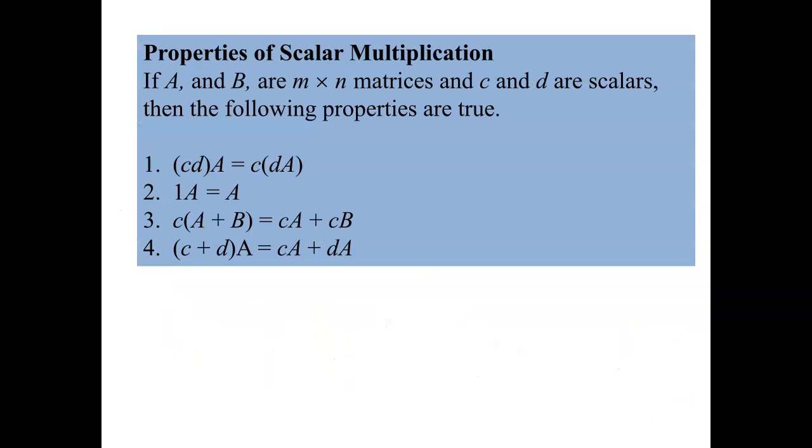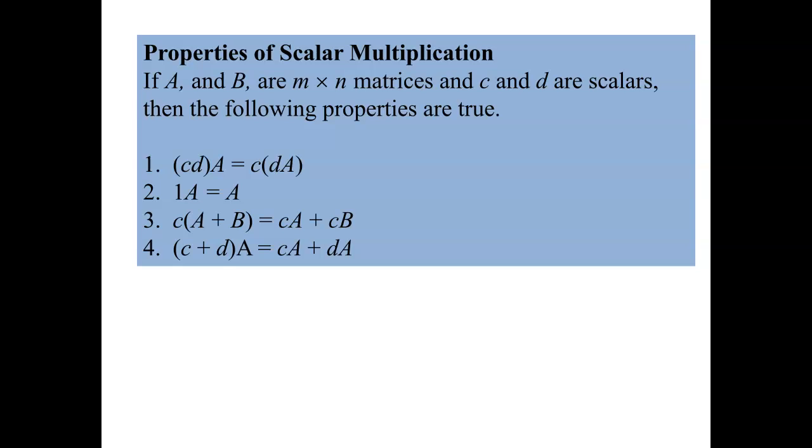All right, so again, our properties of scalars with our properties of multiplication, okay? Some things that may make your life easier depending on the problem. All right, so remember, C and D are scalars, okay? Lowercase letters are scalars. If I'm multiplying a matrix by 2 scalars, I could either multiply the scalars and then multiply the matrix, or I could do one scalar and then the next. I'll get the same result.